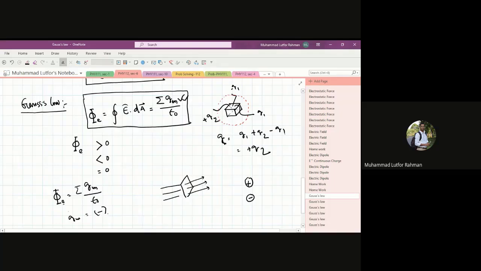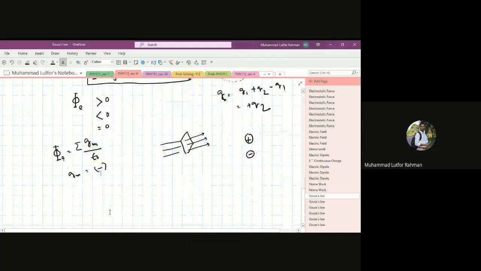That's the meaning if the flux is negative. If the flux is positive, I'll assume that there will be some positive source charge inside that box or inside that region. We explain in that way the meaning of flux being a positive or negative number.